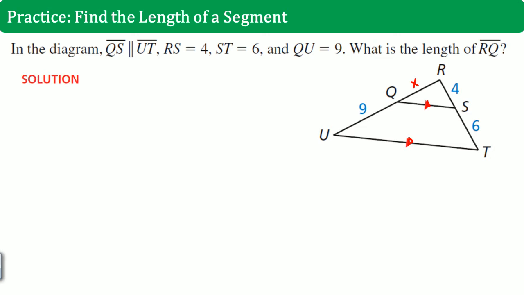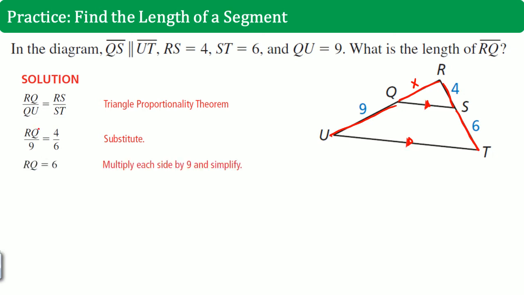Here's the solution. First of all, set up the triangle relationship. I wrote the letters here to represent it. Now I plug in the values. Here I wrote that PQ divided by QU is equal to RS divided by ST. Plug in the values here. Now we cross multiply.